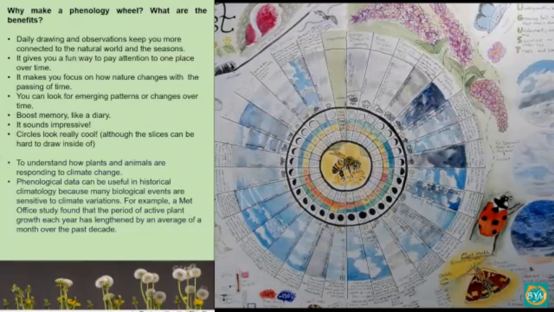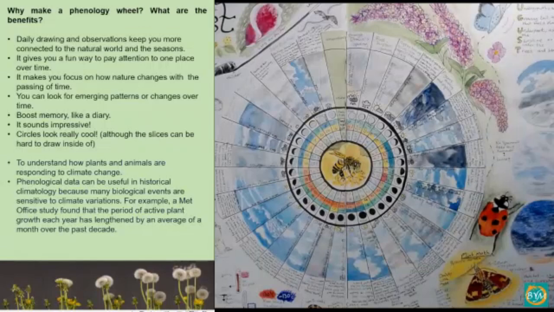So it shows you how events are affecting the plants and the animal life around you, and also shows you changes over longer periods of time, such as the growth year has lengthened on average a month over the past decade, according to a study by the Met Office.